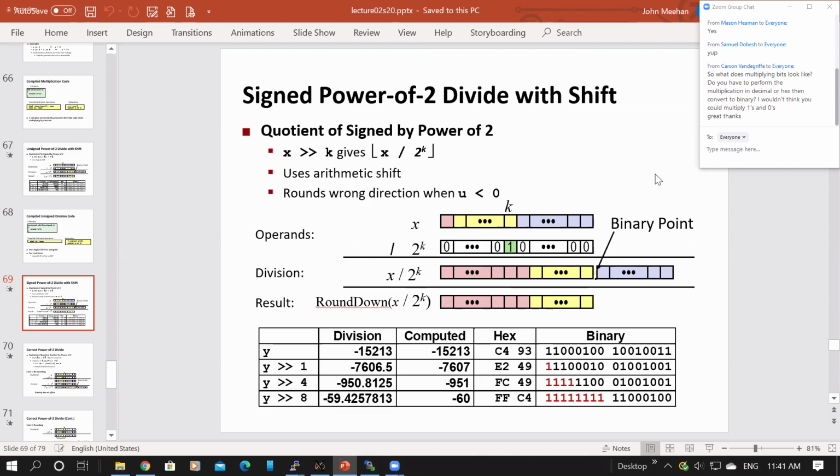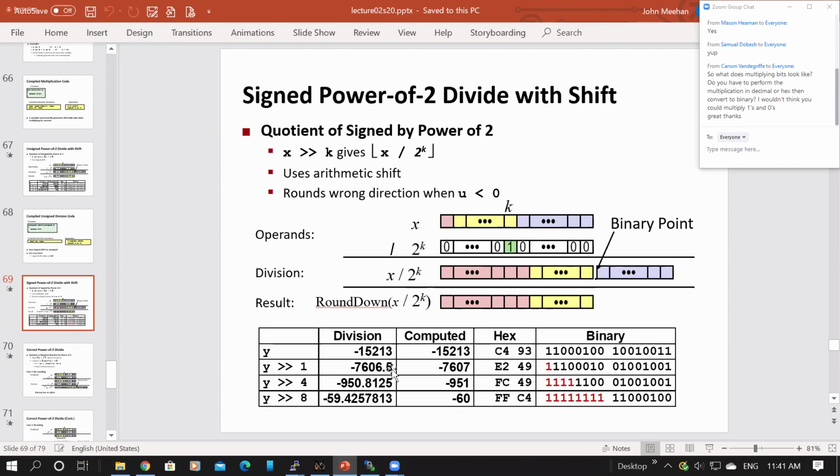If a thing was positive to start out with, it would lop the thing off, and that would effectively be rounding towards zero, which is what we want. But in the case of a negative one, when you lop off this 0.5 that jumped into the bit bucket, you're actually rounding away from zero, right? You're making it more negative than the actual true result should be.